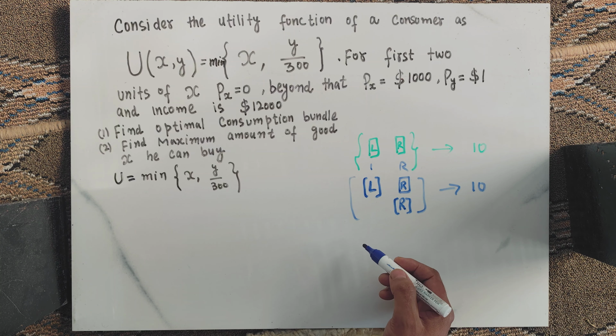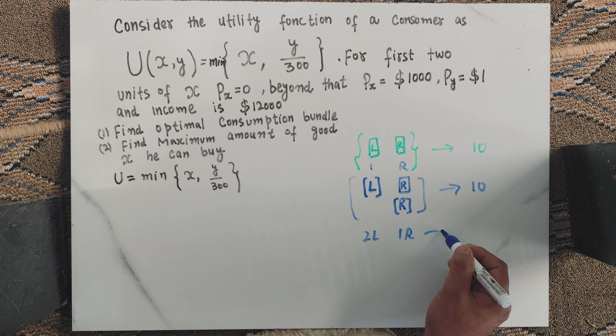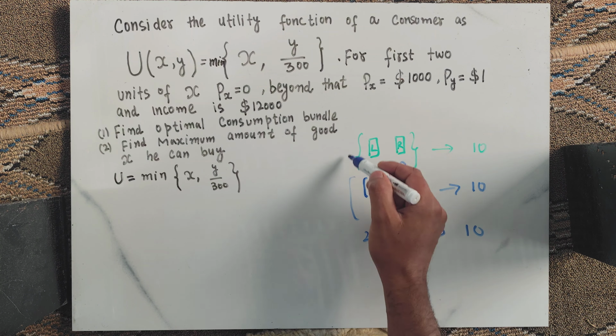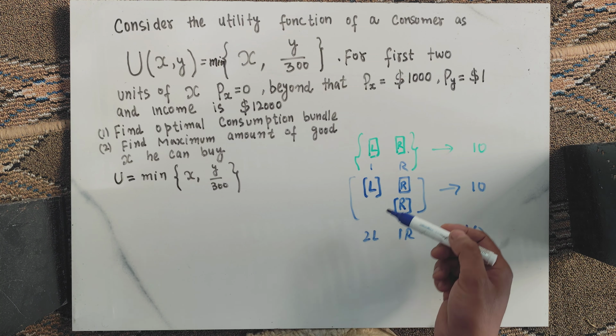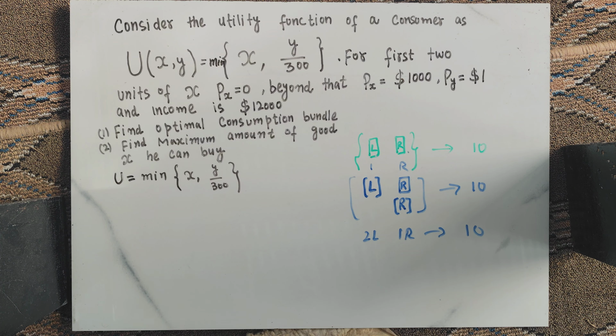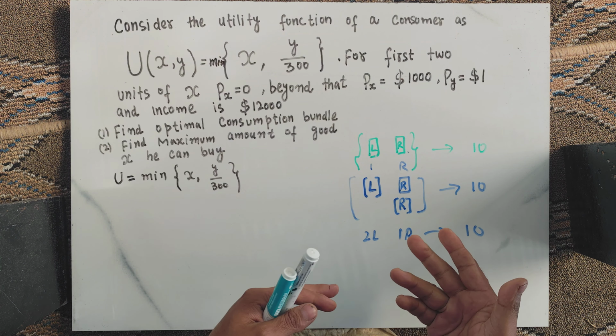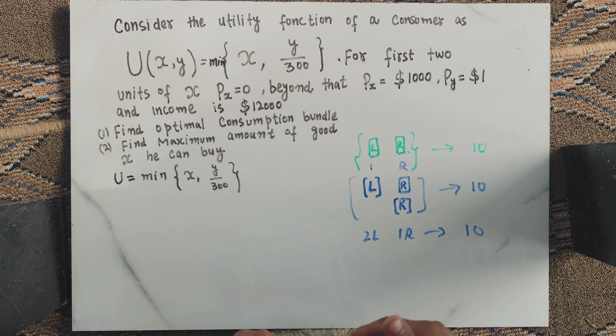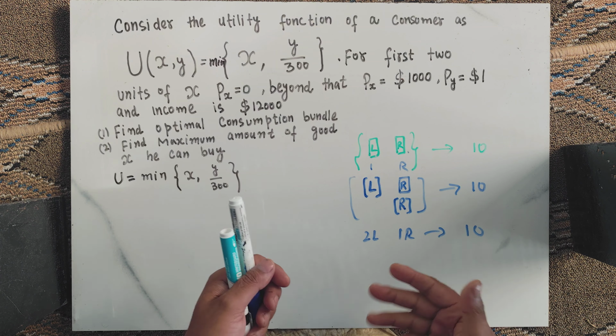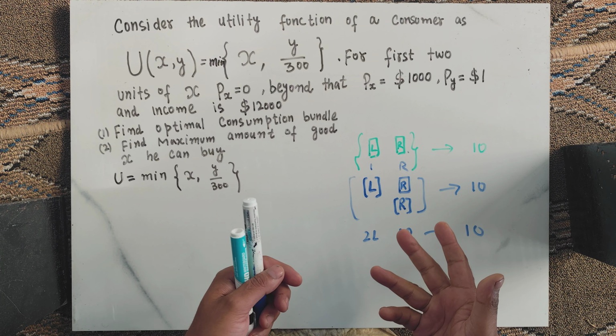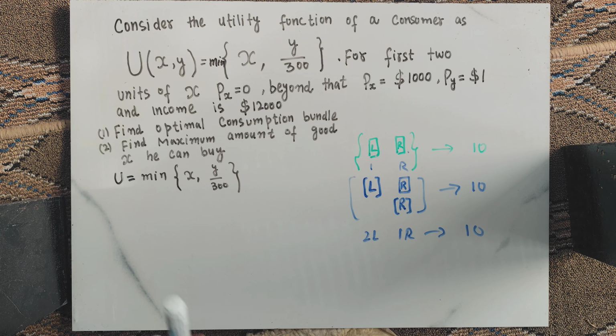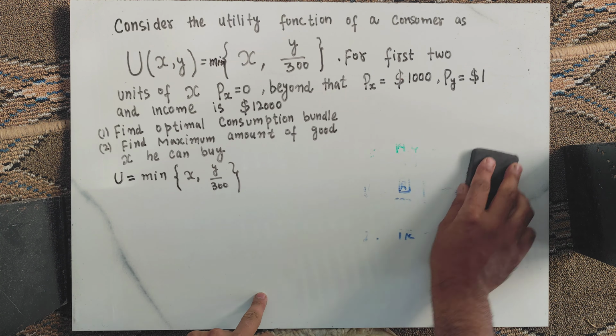Likewise, if he consumes two left shoes and one right shoe, again his utility will be the same, because the proportion of consuming goods is 1:1. That means with one left shoe he purchases one right shoe. Having an extra left shoe or right shoe will not increase the utility. This is the main essence of the Leontief utility function.